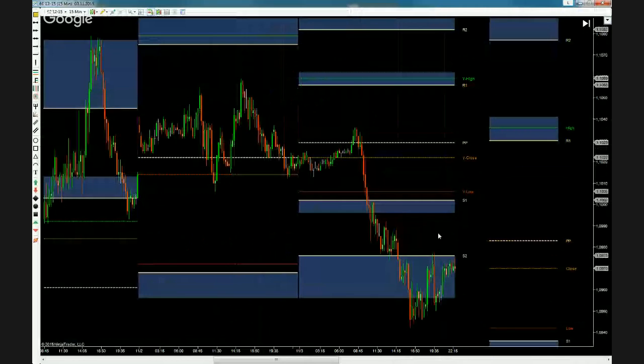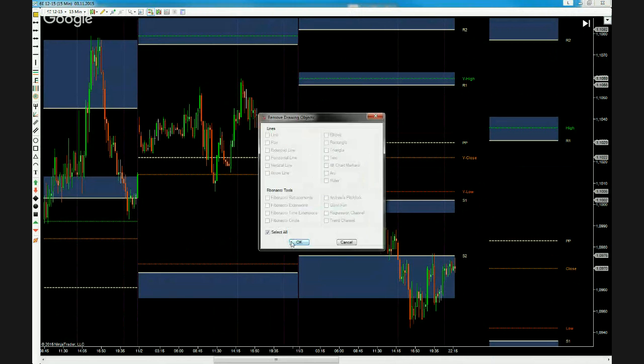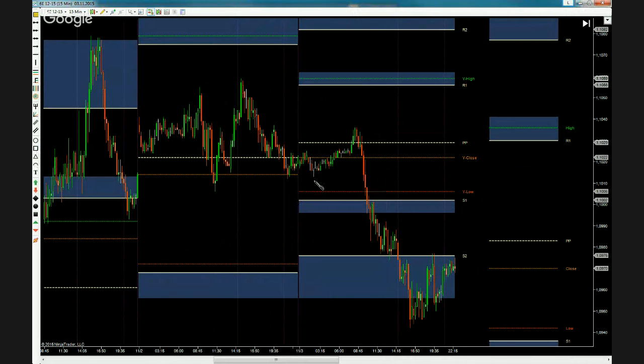Okay, and basically what we are working with here are symmetrical support and resistance areas. So as you see, there is an equal distance here from first support and first resistance level, and that is based on the range calculation of yesterday.